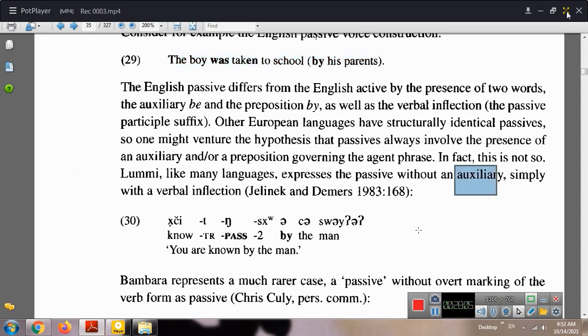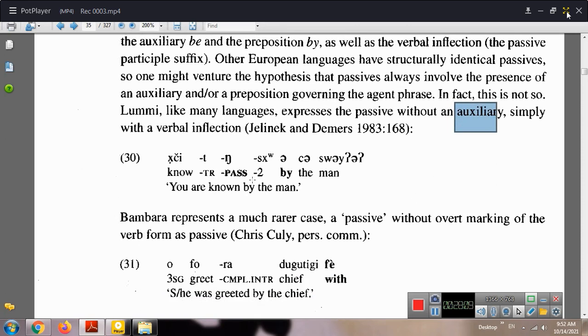This is the exception, simply with the verbal inflection. Here, just the inflection shows the passive verb, which means you are known by the man, but here we don't have any auxiliary. They do that with the verbal inflection.